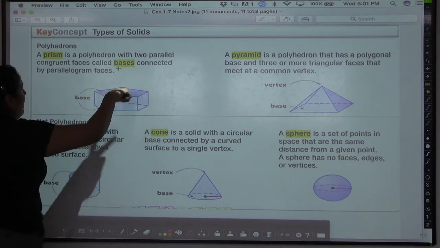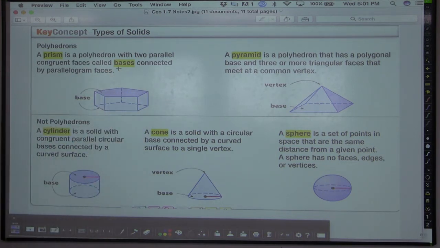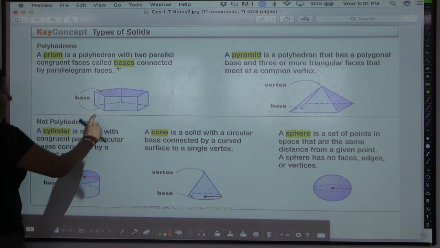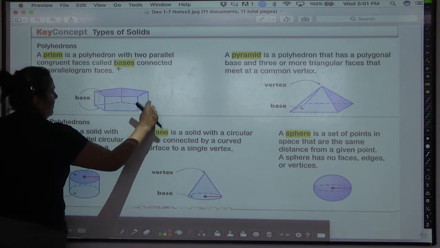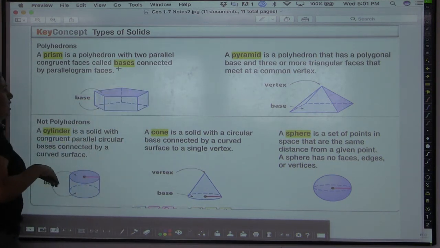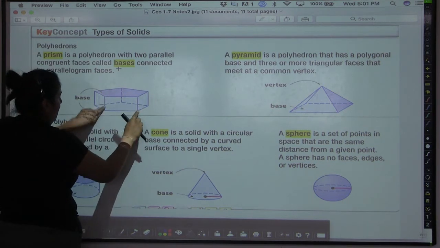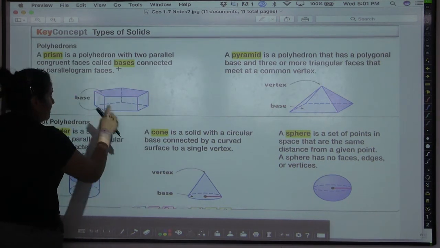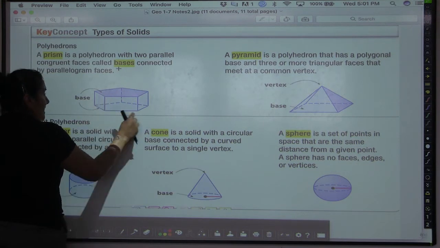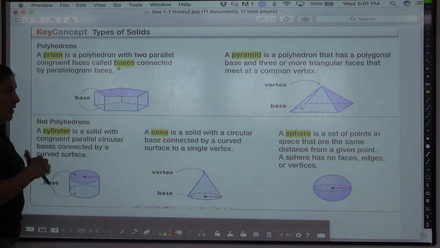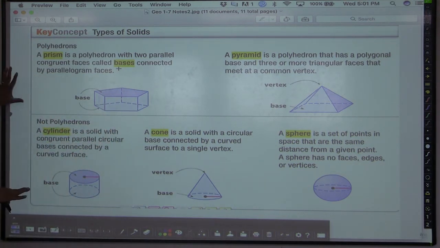They're connected all the way around by the parallelogram faces. All of these faces that are going around the solid are parallelograms themselves. What they mean by that is this is parallel, that's parallel. So this quadrilateral, this rectangle, if you will, is a parallelogram. Okay, so that's what a prism is.